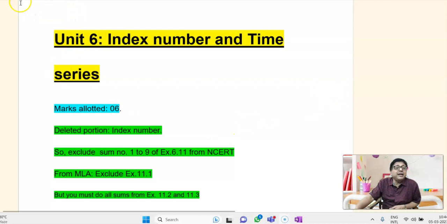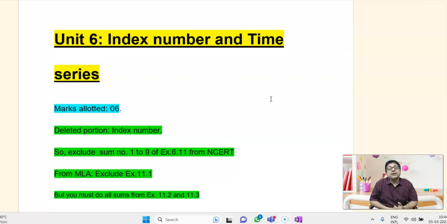But for time series, I'd like to say what you are actually going to do. In time series, you need to study the different kinds of trend. You must study the different kinds of seasonal variations, all those trends. Questions are mostly asked from that portion, moving average.